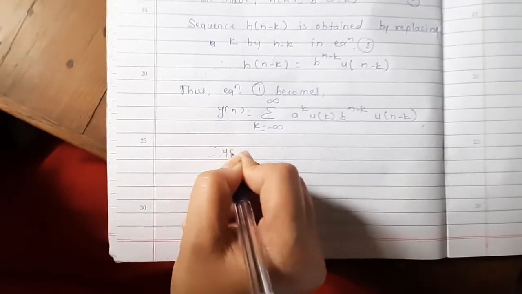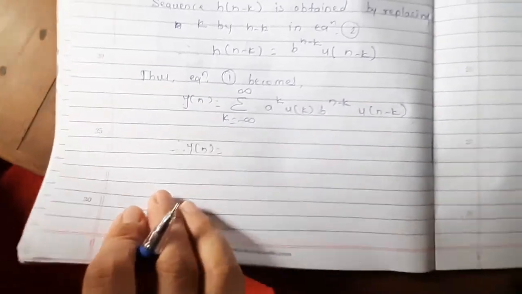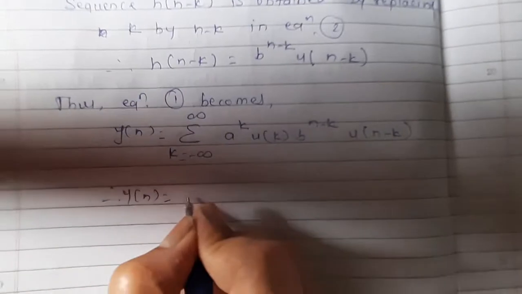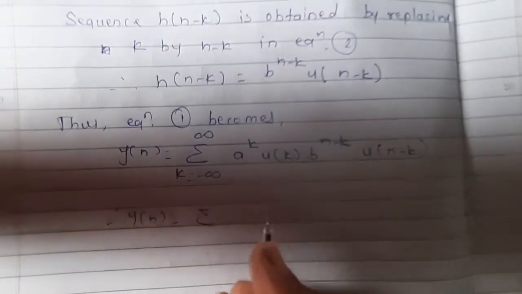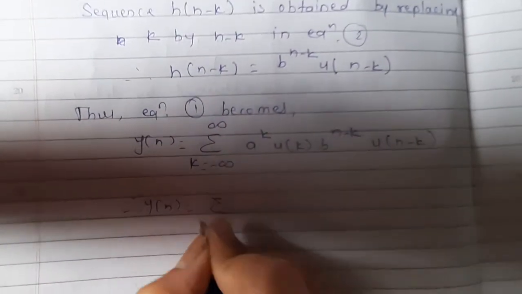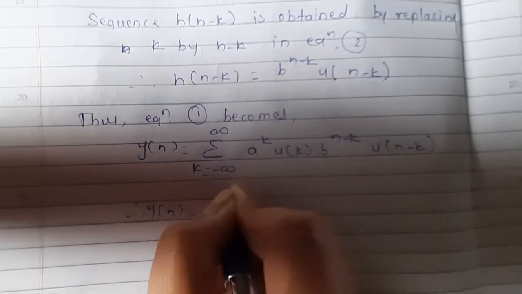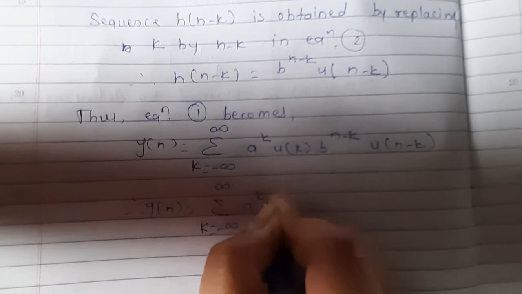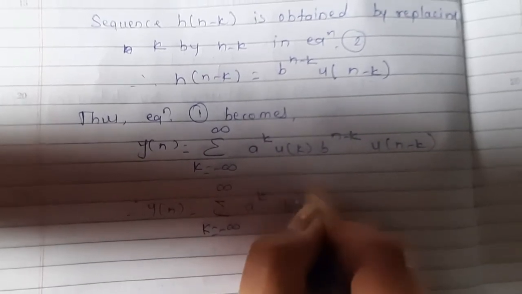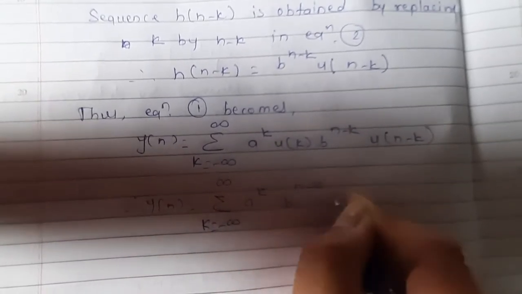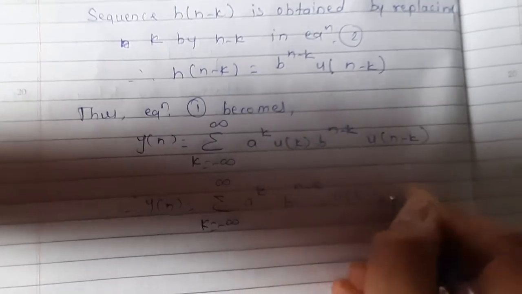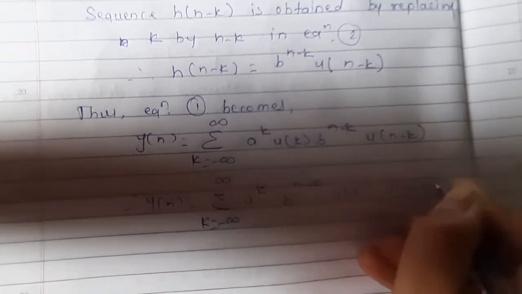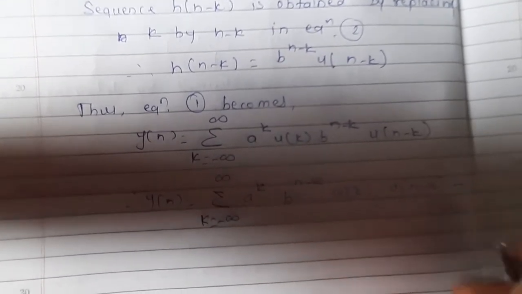So y of n is equal to summation k tends from minus infinity to infinity a raised to k b raised to n minus k into u of k into u of n minus k. We just rearrange this equation. So this is equation number 4.